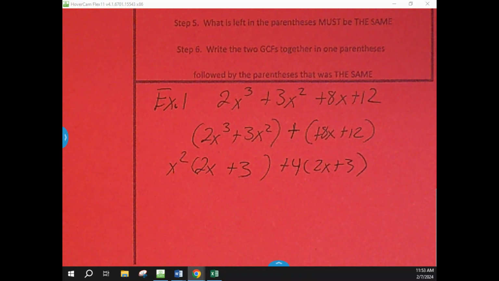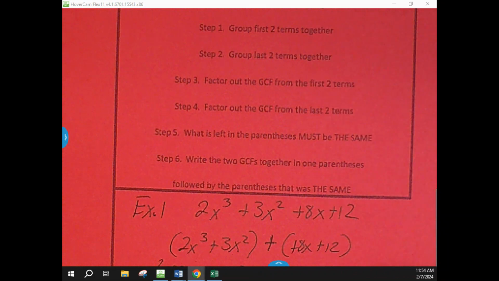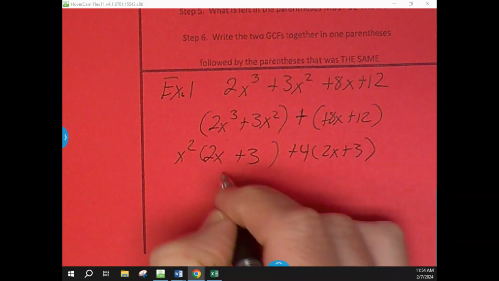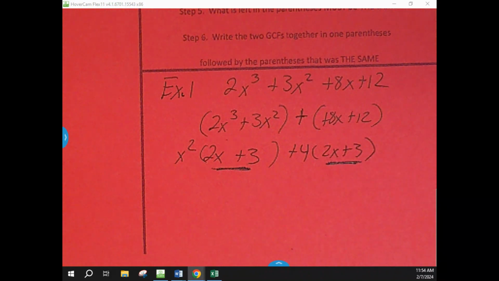All right, now step 5 is not really a step; it's more of a check. If we're doing factoring with 4 terms, this has got a built-in check. If you get to here after you've done the first 4 steps, you put your parentheses around it, you take out the greatest common factors. This has to be the same as that.